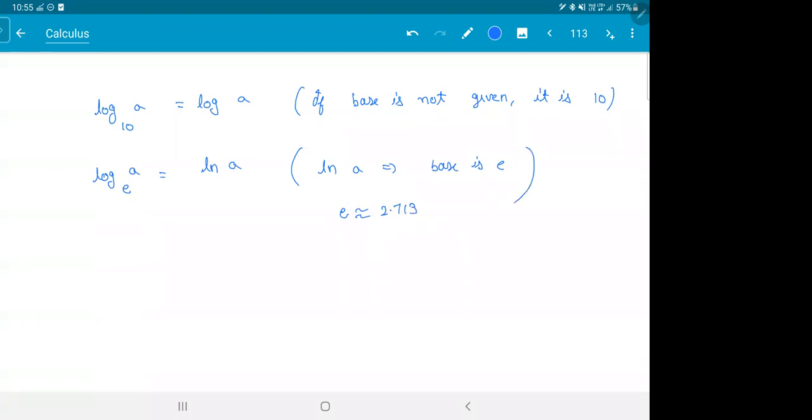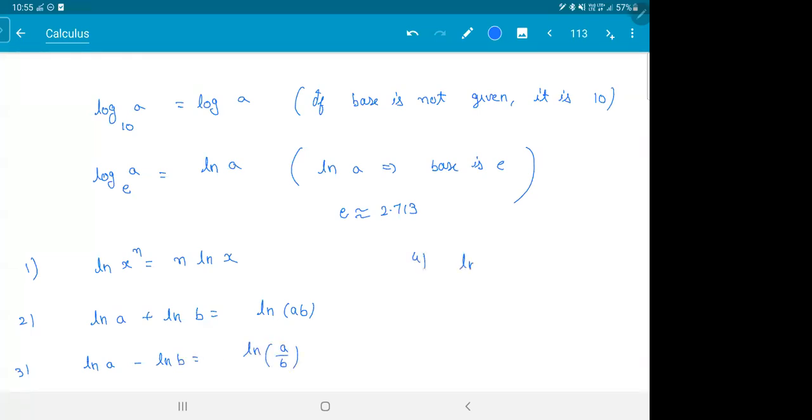These are the two types of logs we use a lot in physics, log and ln. Some of the identities are: if you have ln x power n, it is n into ln x. The power comes out. If you have ln a plus ln b, you can write this as ln ab, you can multiply. If you have ln a minus ln b, this is ln a by b. ln 1 is 0. These are the 4 formulas you should remember. That's it. These are the main things. This page is the important one.